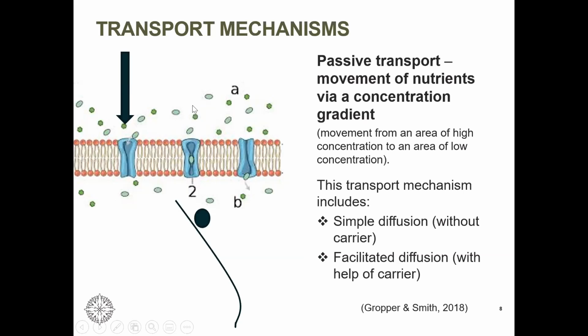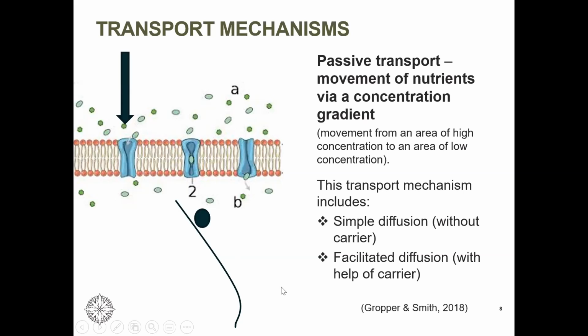Okay. So facilitated diffusion is, you can see these different nutrients of different green color, they can move across the cell membrane. However, facilitated diffusion is that there is a channel and then there is a carrier, which can be a protein also, protein carrier. It kind of holds the hand of this nutrient and carries it across the membrane. Okay.